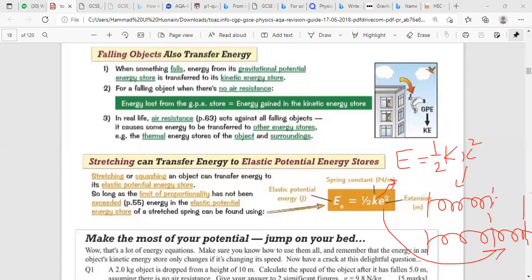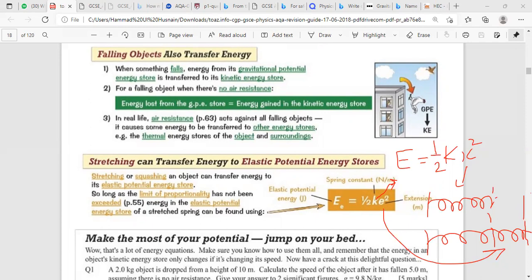So let us see what is written over here in your notes. Basically, stretching or squashing an object can transfer energy to its elastic potential energy. As I have told you, the elastic potential energy is stored due to stretching or compressing of an elastic material, so long as the limit of proportionality has not been exceeded.